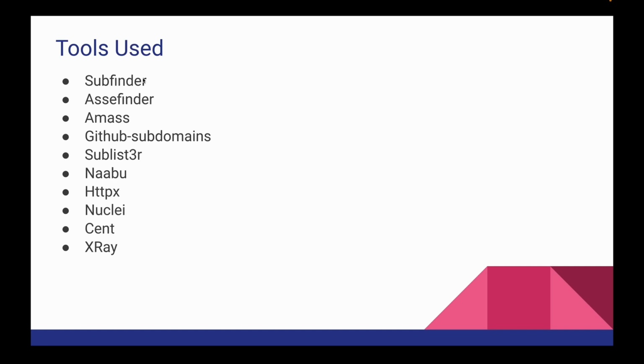Other than nuclei, the new tools that are included are these two, which are Sn1per and X-ray. We will be discussing how to find XSS and SQL injections using all these tools. So let's get into the demo.